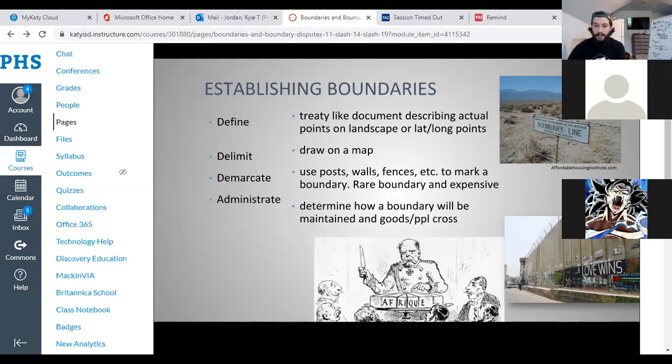They're basically saying, even though we don't see specific landscape points or latitude and longitude points on that map, they don't actually have a map of Africa. They kind of just have the pie of Africa, right? They aren't actually going to put down boundaries like fences and walls, and they're not really talking about how to administrate it.